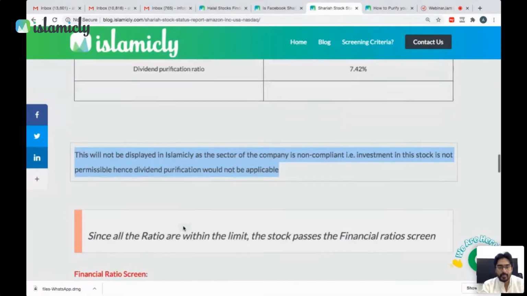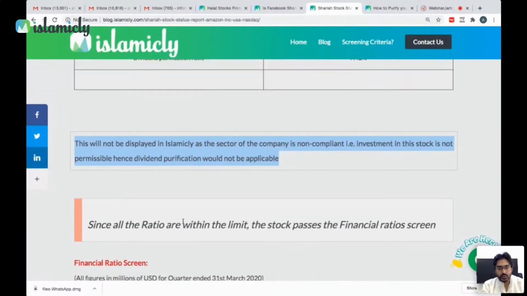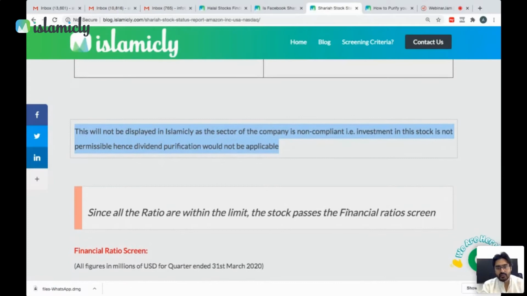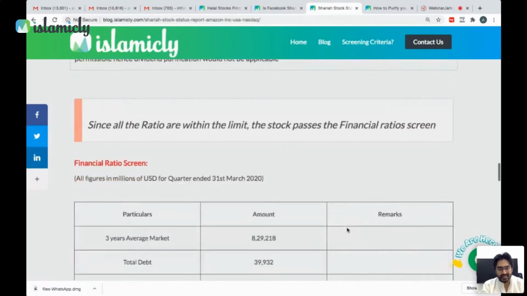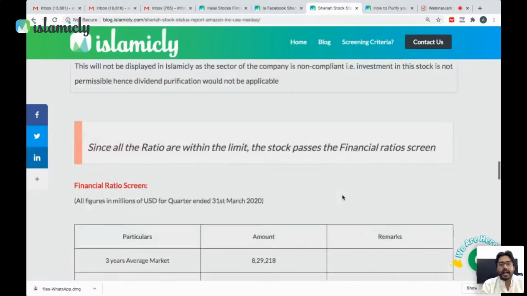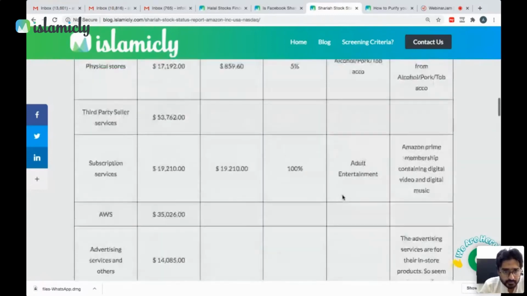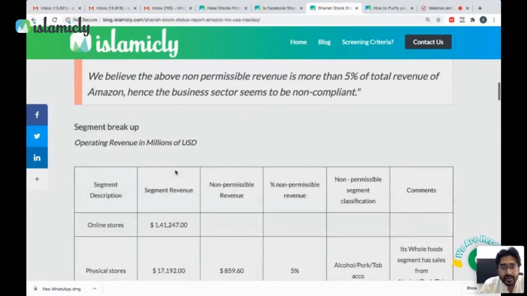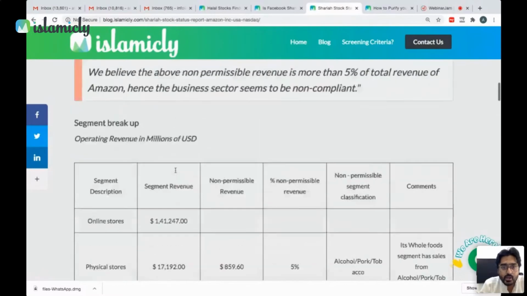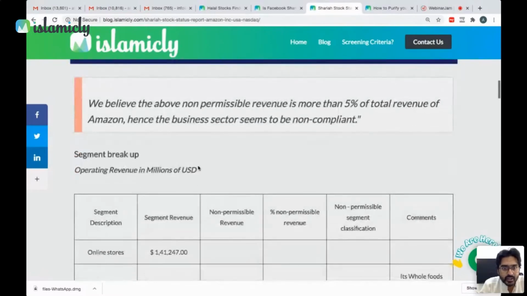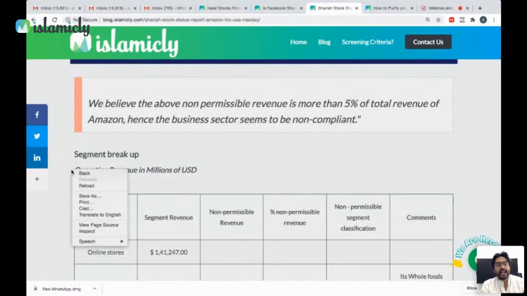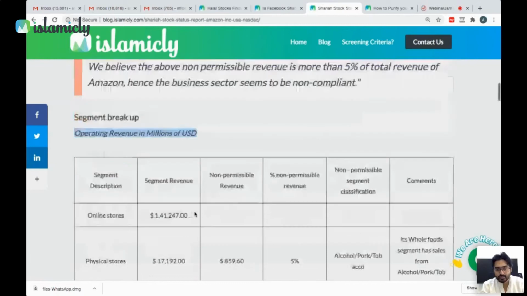All right. Now, since all the ratios are within the limit, the stock passes the financial ratio screening. Let's look at that in detail as well. So, as you can see over here, the operating revenue of the company has been taken. It's not written over here, but it is taken for the annual. So this is taken for 31st of December 2019, which is the annual numbers.